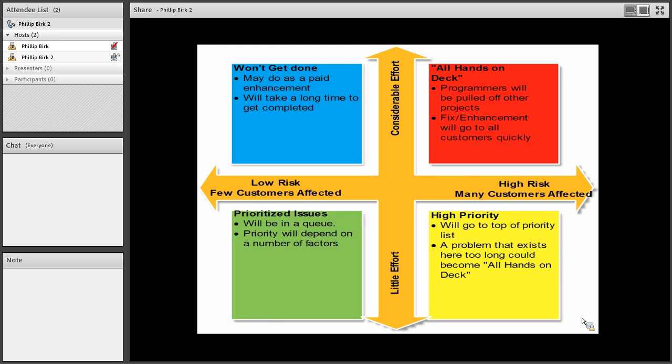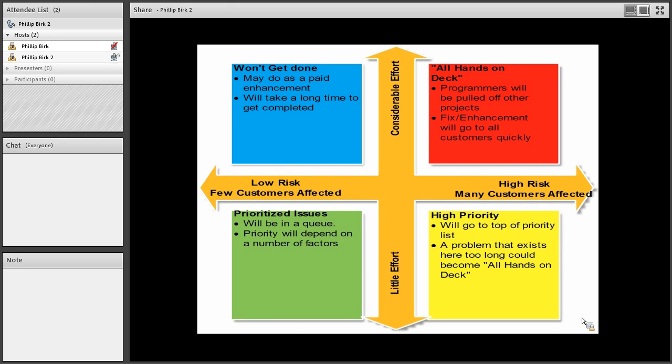And in addition to that, they want to know how many customers are affected. So if it's something that's low risk, but every customer is affected, that's something that they'll look at a little bit more than if it's low risk and nobody's affected except you.